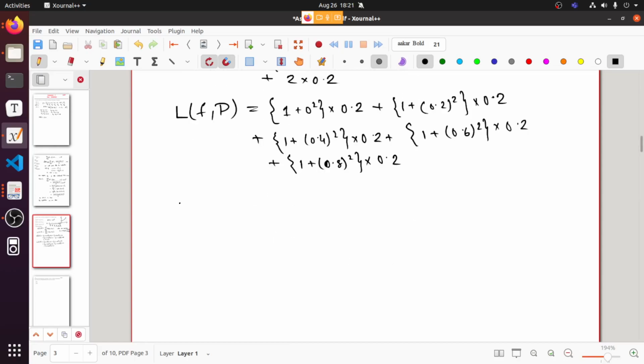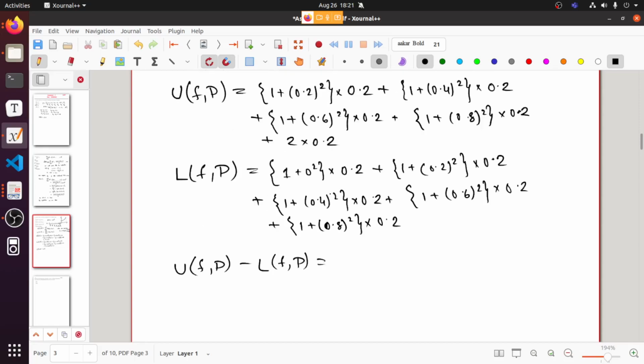So just write it down, UFP minus LFP. If you write it down, from the first one, the 1 will be cancelled, meaning you will get 0.2 into 0.2 whole square, right?